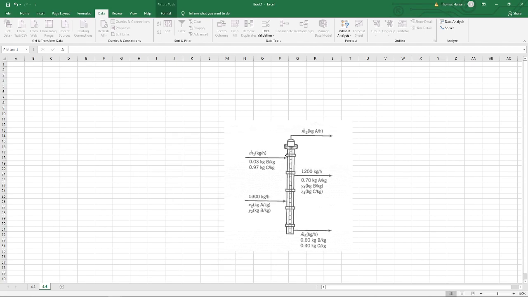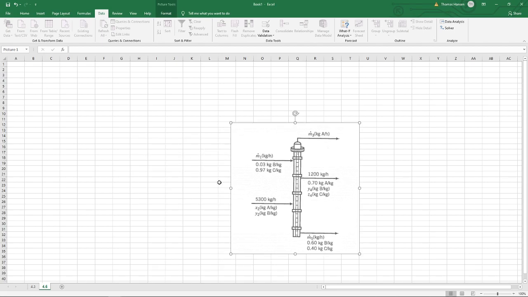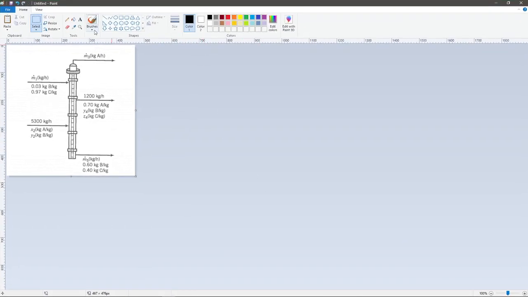Oh, fine. We will do it like this. Here we go. Paint is the way to go.